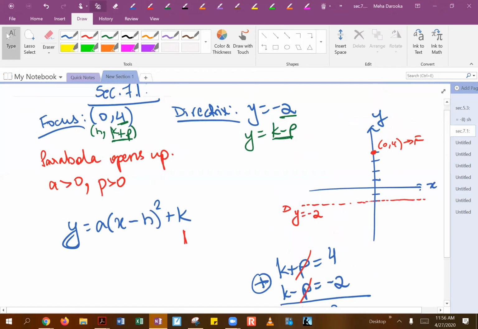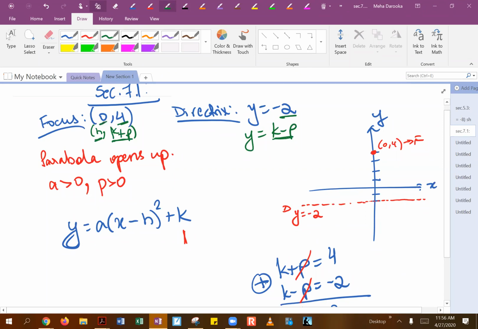Can anybody tell me what our H value is going to be? Because it's given to us. We don't have to find it. Isn't it 0? It is 0 because it's the same X coordinate from your focus.